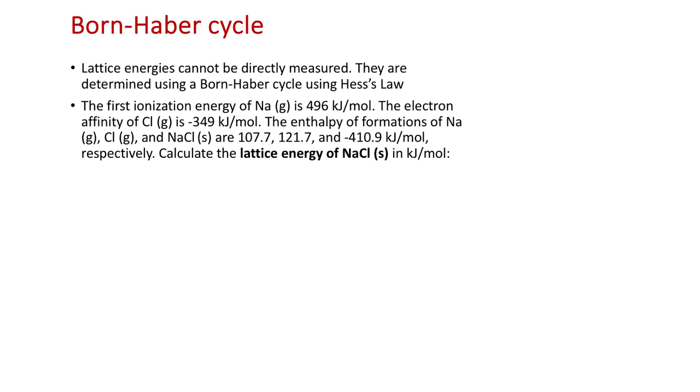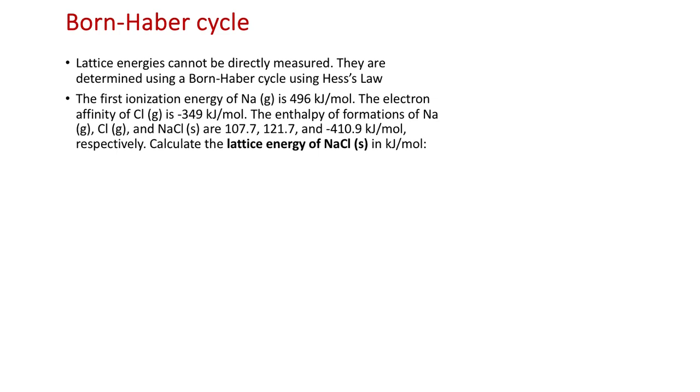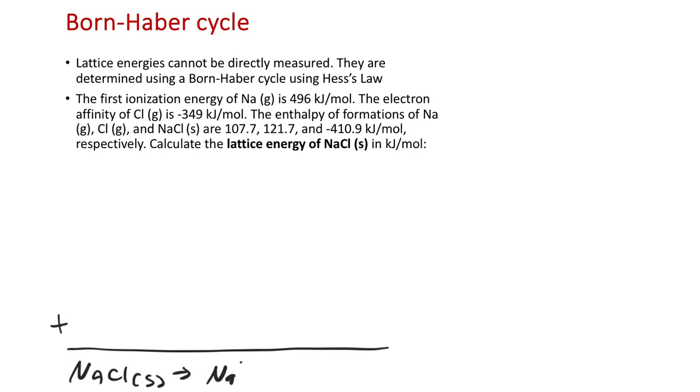So the first thing I want to do is write out the reaction that I'm going to try to get by taking a bunch of reactions and having them add up to this one. I'm going to try to have a bunch of reactions that sum up and cancel out to NaCl solid goes to Na+ as a gas plus Cl- as a gas.